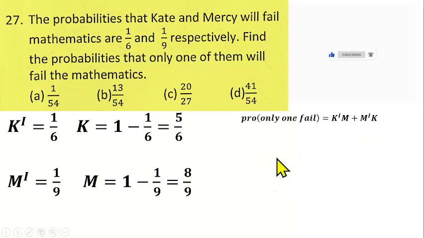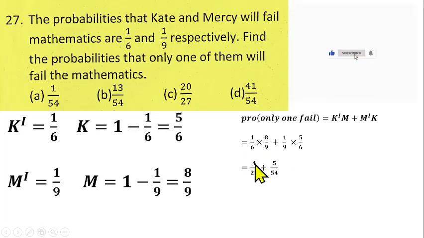So if you substitute, you'll have 1/6, which is for Kate failing, multiplied by 8/9, which is Mercy passing, then plus 1/9, which is Mercy failing, multiplied by 5/6, which is for Kate passing.